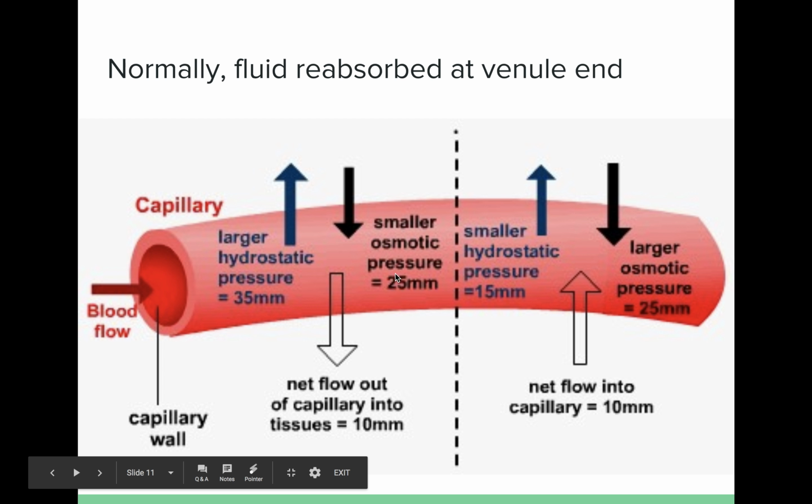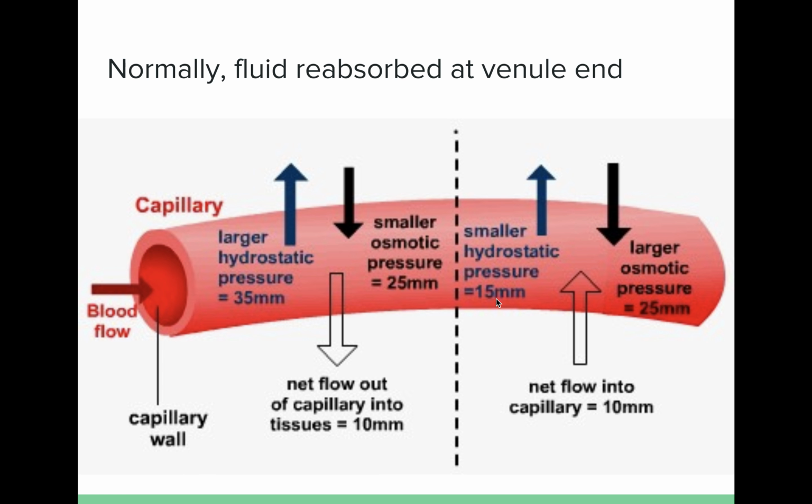But as we move towards the venous side, the hydrostatic pressure has now decreased because we've lost fluid, because there's been frictional forces on the fluid. And you can see now that the osmotic pressure, even though it hasn't changed from the beginning, is now greater than the hydrostatic.